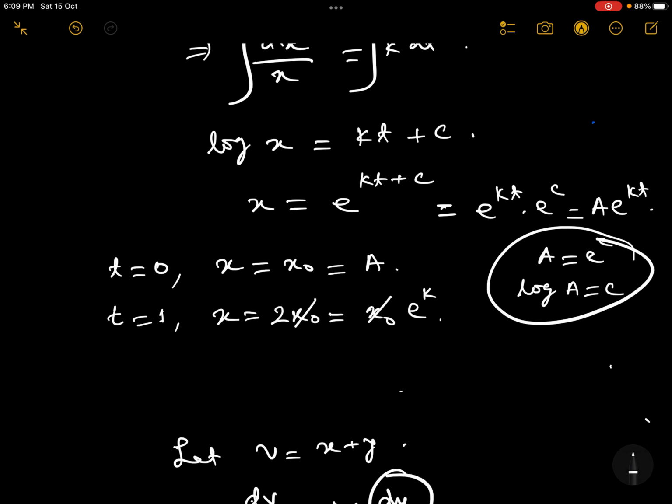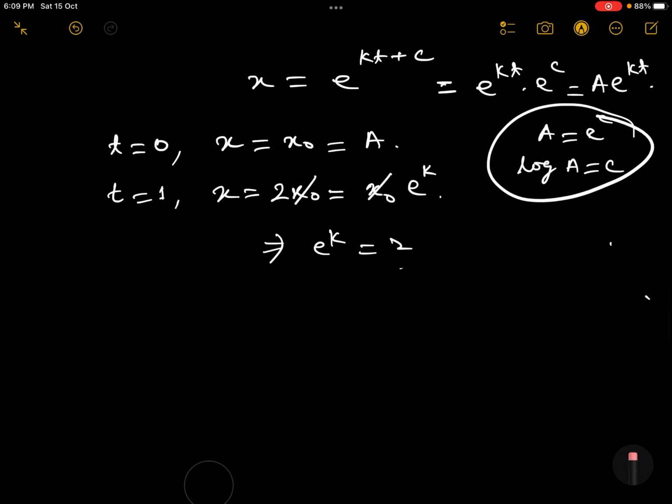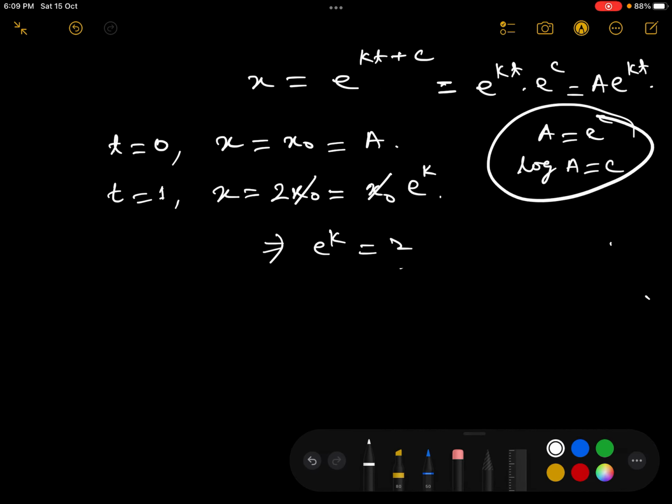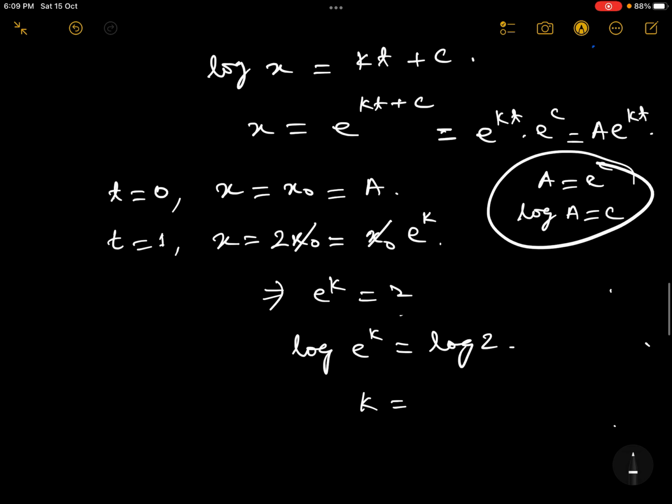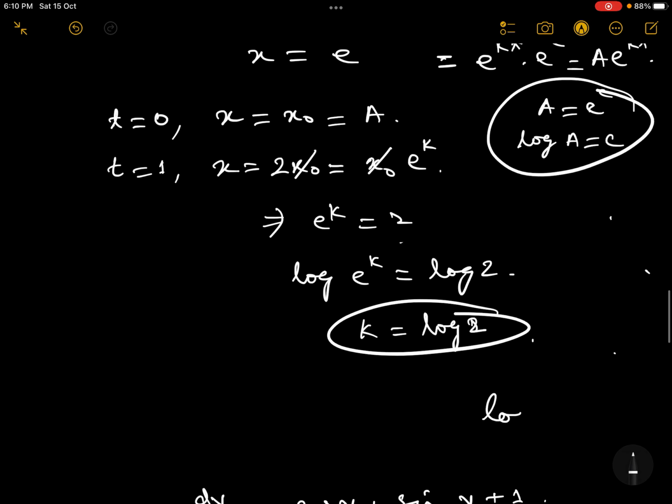So cancel, this is e power k equal to 2. That means if we take log, then our k is equal to log 2, because log of e power x is x. I think we have done this already.